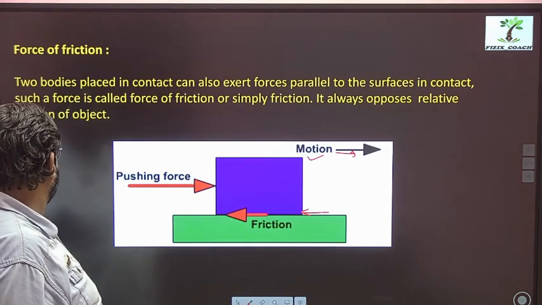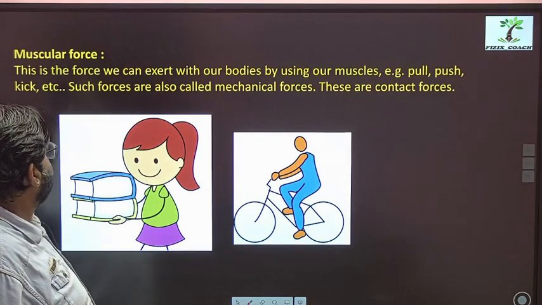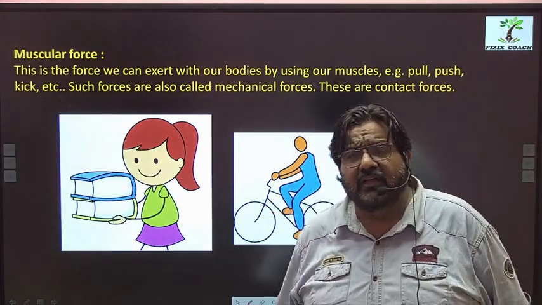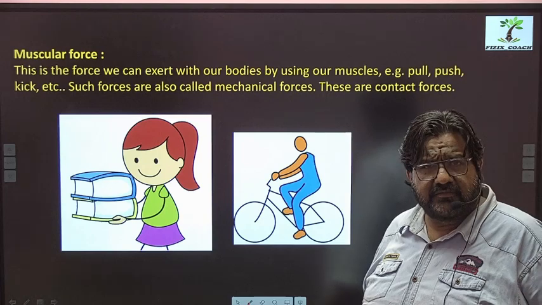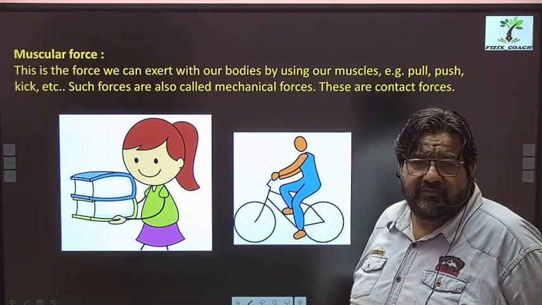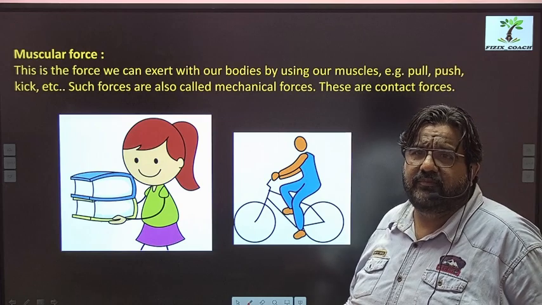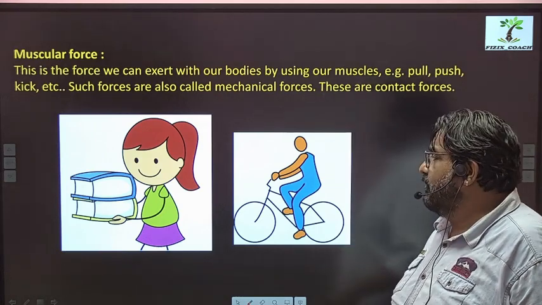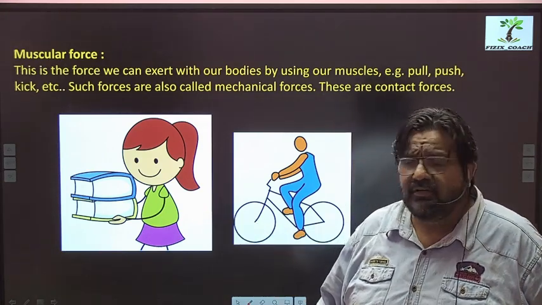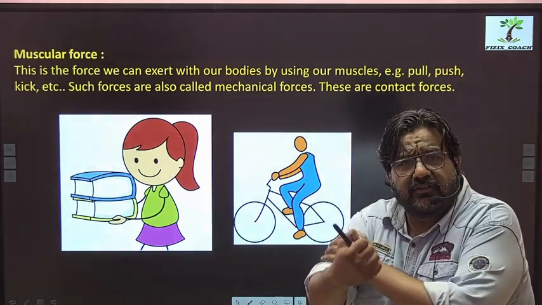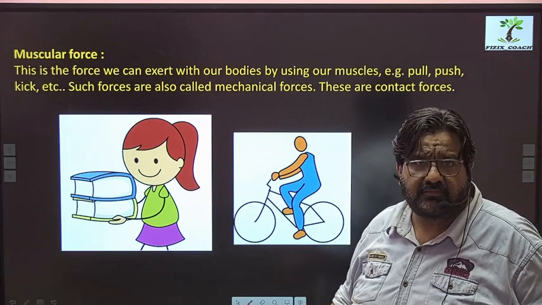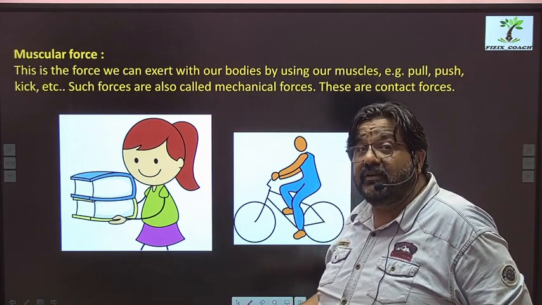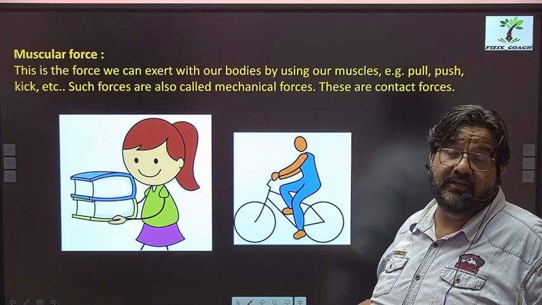Let us move on to the third type, which is muscular force. We are all aware of muscular force, and it is used many times every day, in every work we do. If we push something, carry a bag, do cycling, or carry some books to the staff room, muscular force is required. But again, it is a kind of contact force because you cannot apply the force without coming into contact.